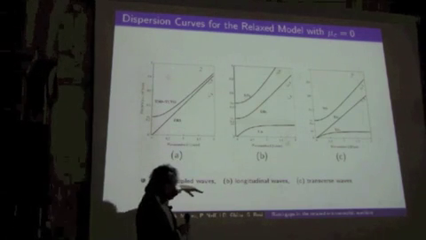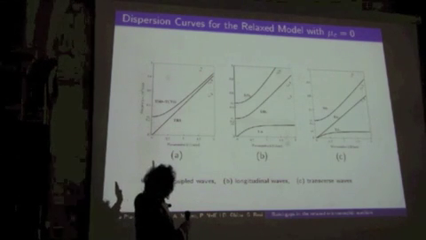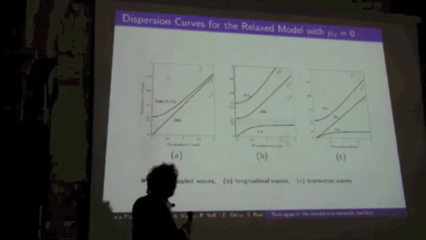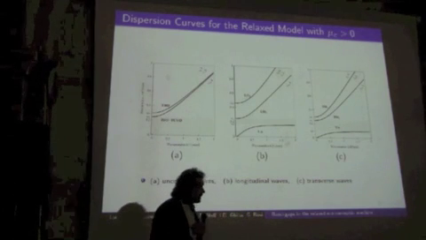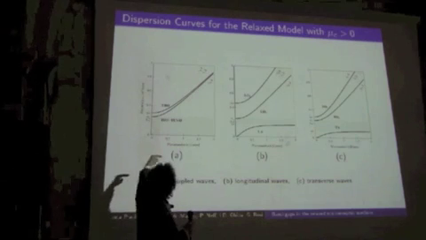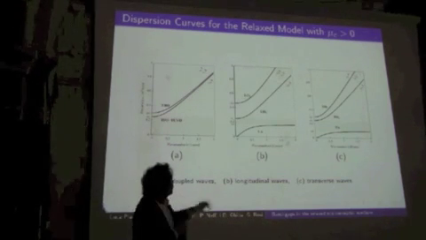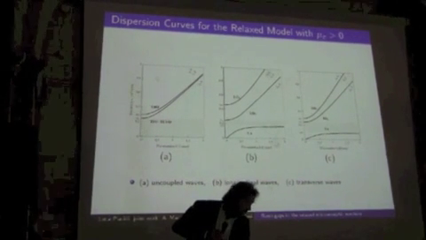On the horizontal axis we have wave number, and on the vertical axis we have frequency. On the other hand, if we take mu_c different from 0, we can show band gaps in all of these three pictures of the dispersion relation.